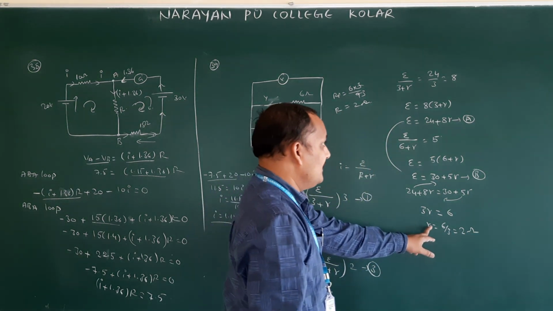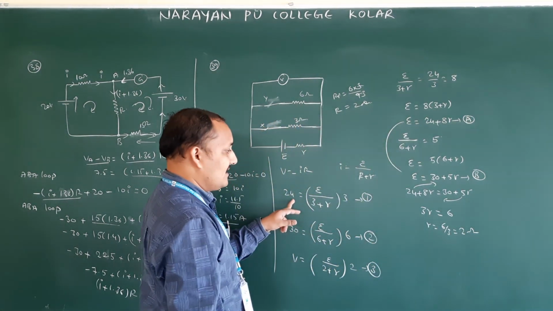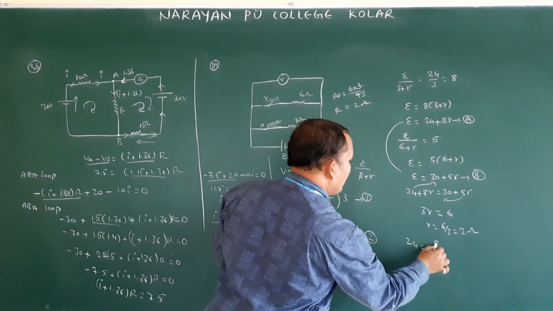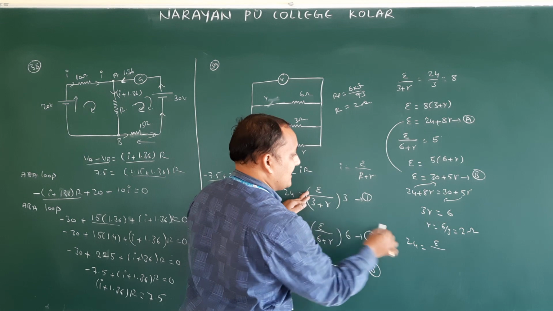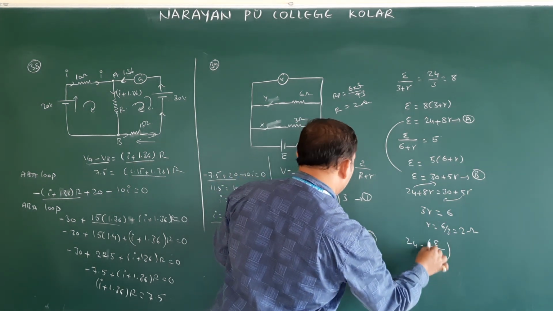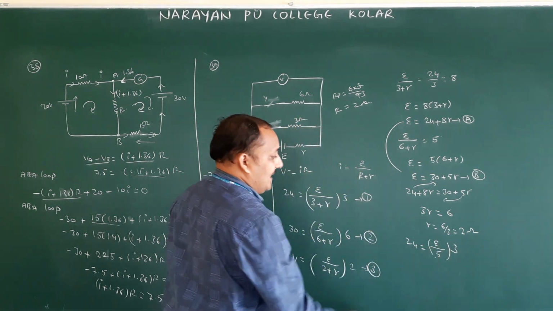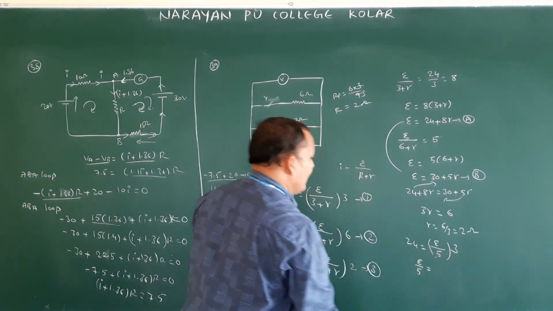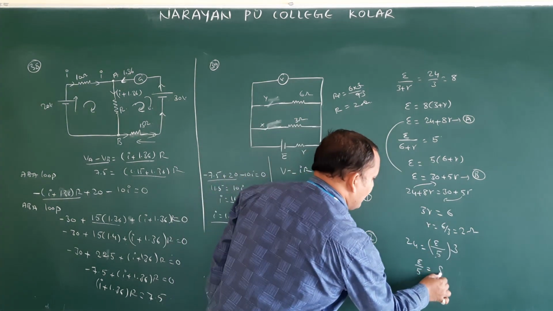This small r we can substitute in equation number 1. 24 is equal to E by (3 plus r). 3 plus 2 is 5, into 3. Then E by 5 is equal to 24 by 3. 24 by 3 means 8.